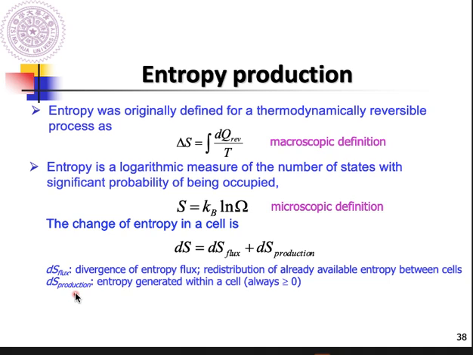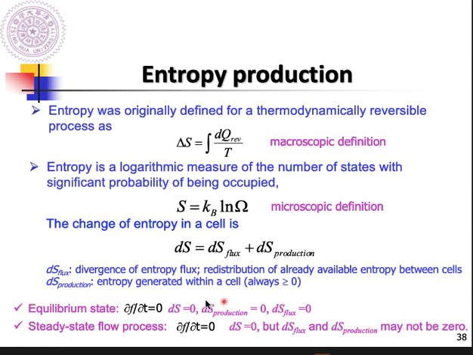In the previous slide, you got the beautiful equation, and you can simply calculate the entropy production rate of the system. So the S production is how much entropy is produced by this cell. For the thermodynamic equilibrium state, as we know, the state function does not change with time, so dS, the change of entropy, equals 0.